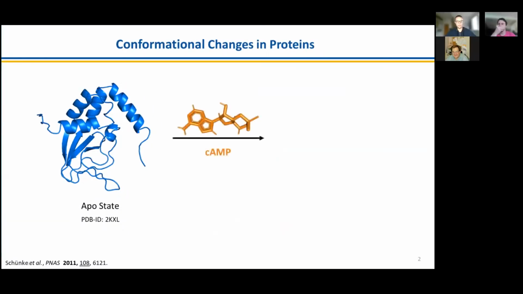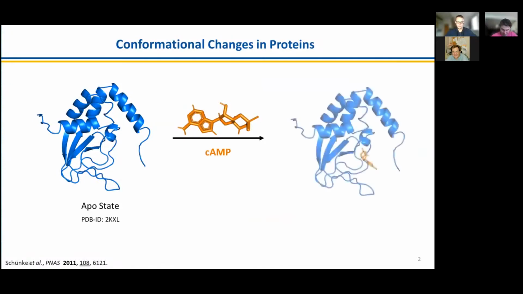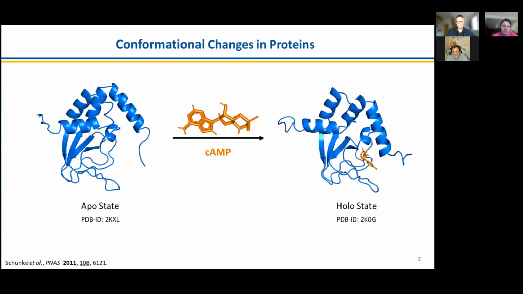And when it binds cyclic adenosine monophosphate, cAMP, it will undergo a structural change, which you can see here. What basically happens is that the C-terminal alpha helix makes a sliding movement, a displacement to the left-hand side. And also over here in this helix bundle, there are some changes.